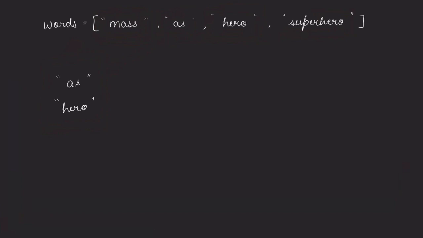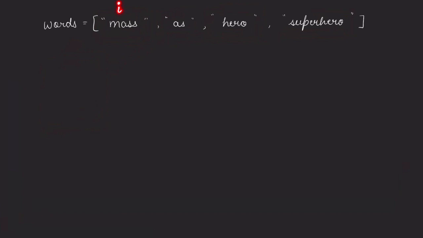Now the simple brute force approach to solve this problem is that each of the words we are taking, we are checking in other words whether it is present as a substring or not. So that is what we can do in our implementation as well. We can first run a for loop of i starting from 0 and going till the end, and we can fix our particular word.